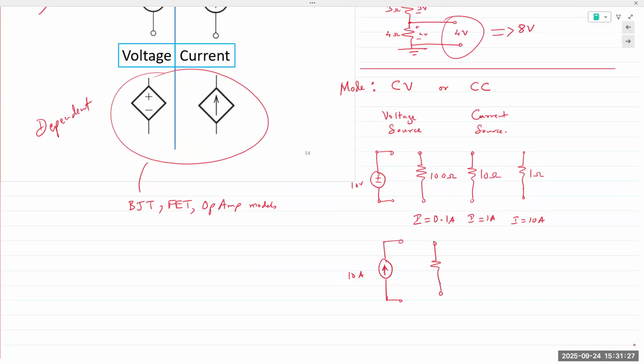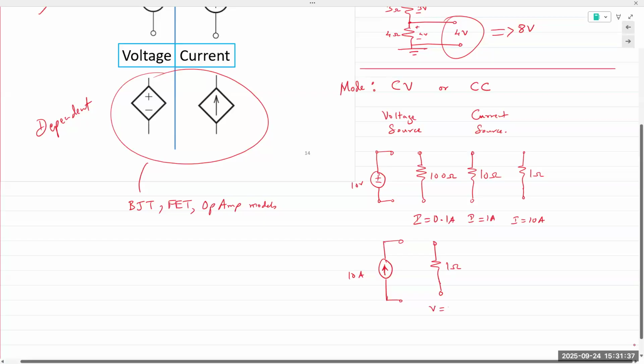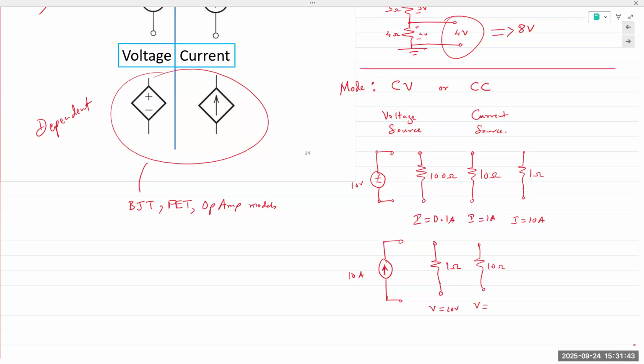If you connect a 1 ohm resistor, the voltage is 10 volts. If you connect a 10 ohm resistor, voltage is now 100 volts. If it's a 100 ohm resistor, it's now 1,000 volts.